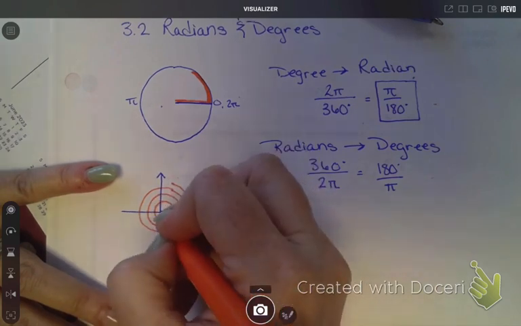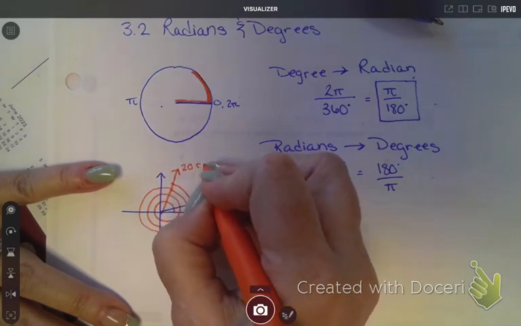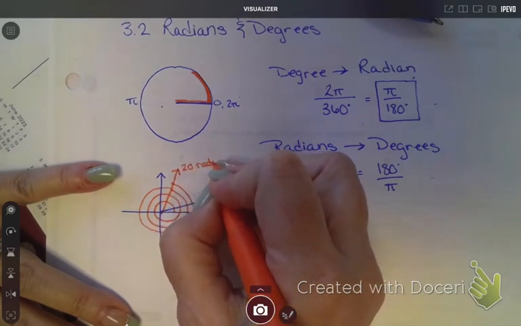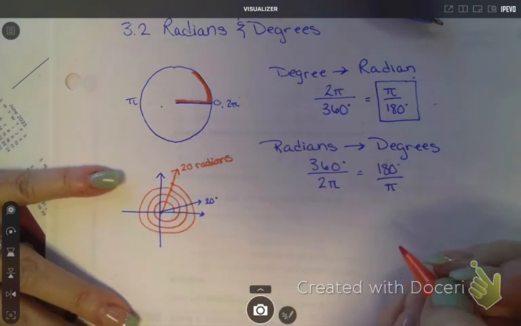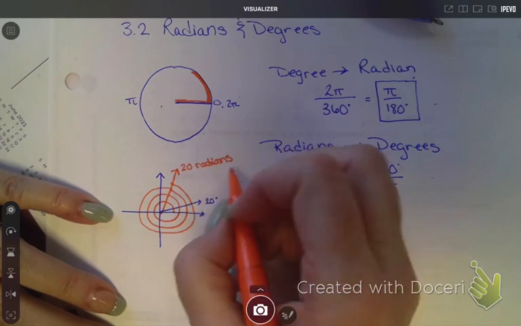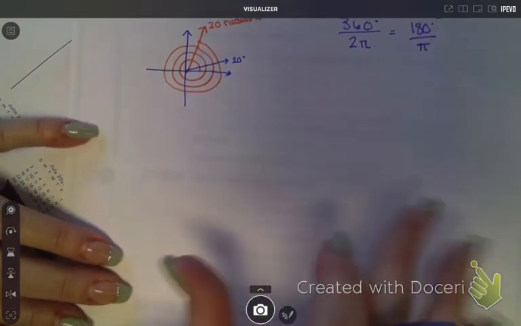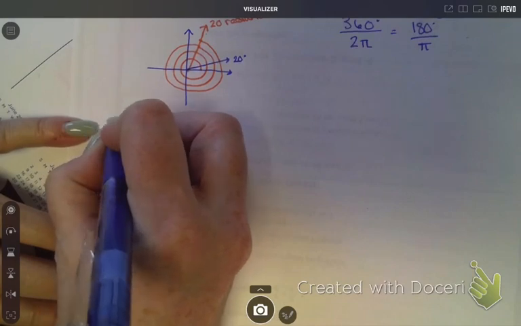It is somewhere like right here. So you notice we have a degree symbol and a degree in radians. Typically, if you don't have a degree symbol, my assumption is that you have it in radians. So make sure you're not forgetting your degree symbols.